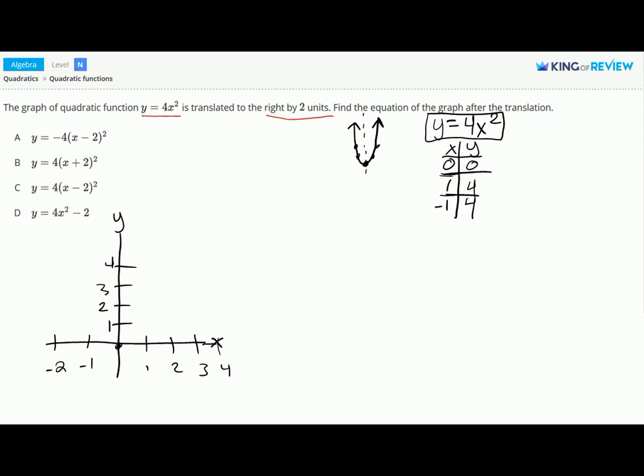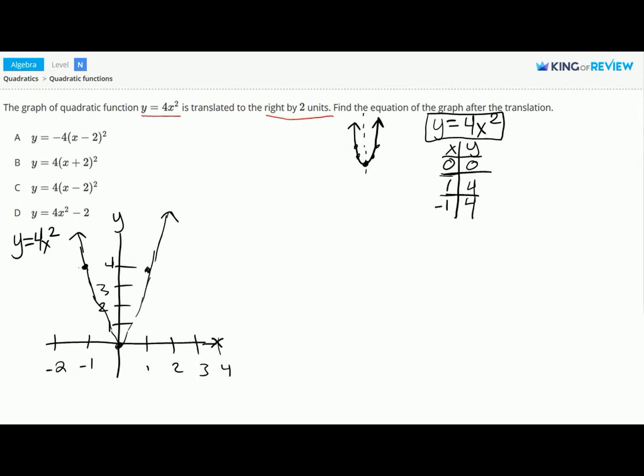That's right here. This is our vertex. We have the point 1, 4, which is right here. And we have the point -1, 4, which is right here. So now I'll use these points to fill in my parabola. So this is the parent graph of y equals 4x squared.